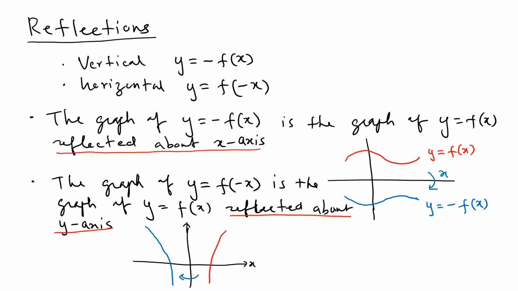So this is the graph of y equals f of x, and this is the graph of y equals f of negative x. Inside means changes in the horizontal direction. The y coordinates stay the same. For example, if you look at these two points, they have exactly the same y coordinate. There are no changes to the y coordinate. And for the other ones, for example this and that, they have the same x coordinate, with a change only in the y direction. Okay, so that's how you do the reflections.